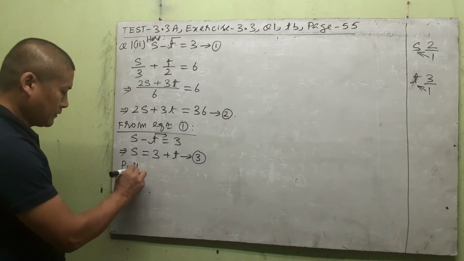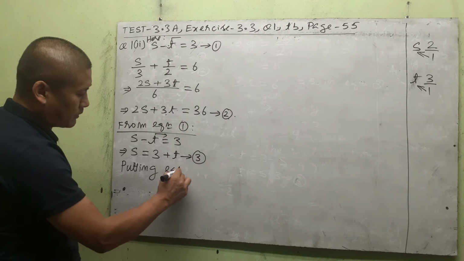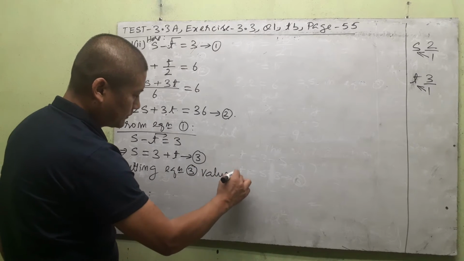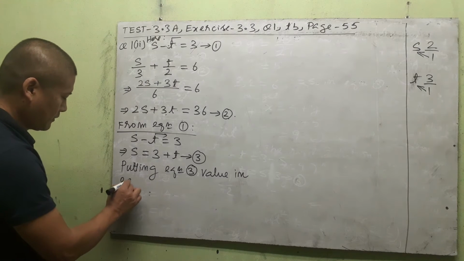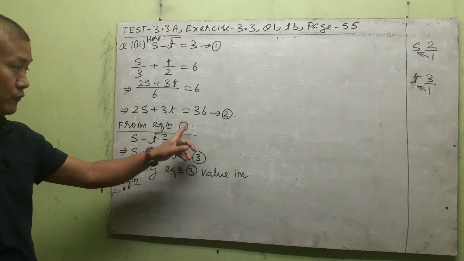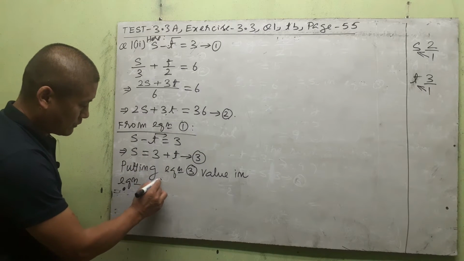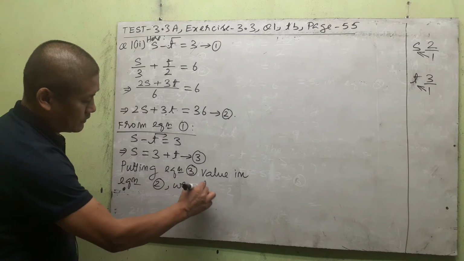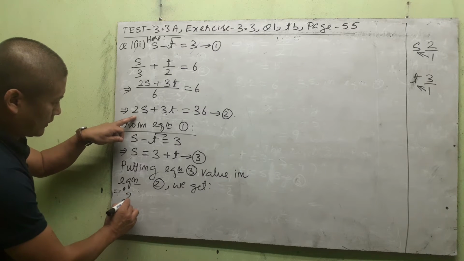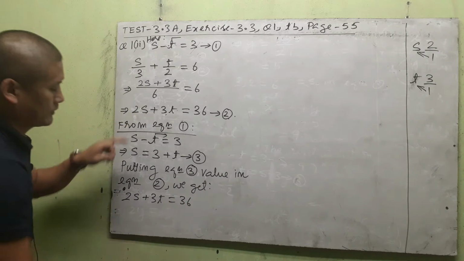Just like we did in question number 1, same style everywhere, the substitution method: putting equation 3's value in the other equation. Since you have gotten equation 3 from 1, don't put it in 1 again, like I said in question 1, put it in 2. That's called substitution. Then we get 2s plus 3t is equal to 36.